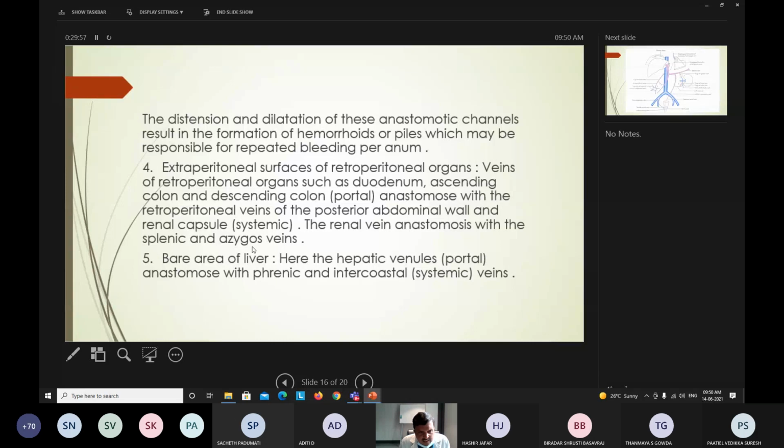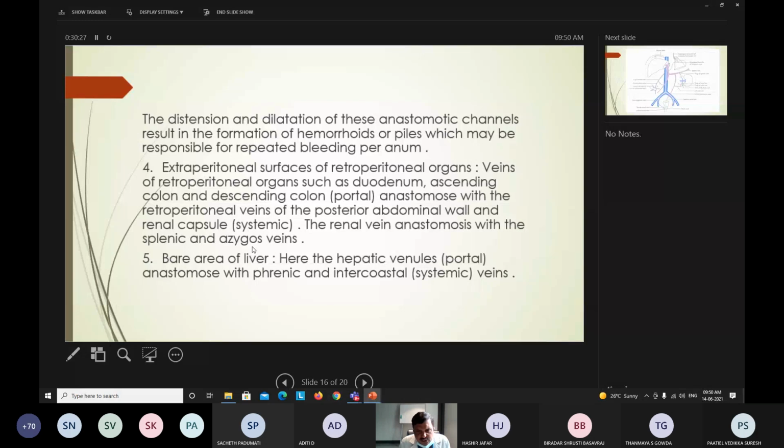Now, the fourth site: extraperitoneal surfaces of retroperitoneal organs. Veins of retroperitoneal organs such as the duodenum, ascending colon and descending colon, as you know, are retroperitoneal. They anastomose with the retroperitoneal veins of the posterior abdominal wall and renal capsule, which are systemic veins.